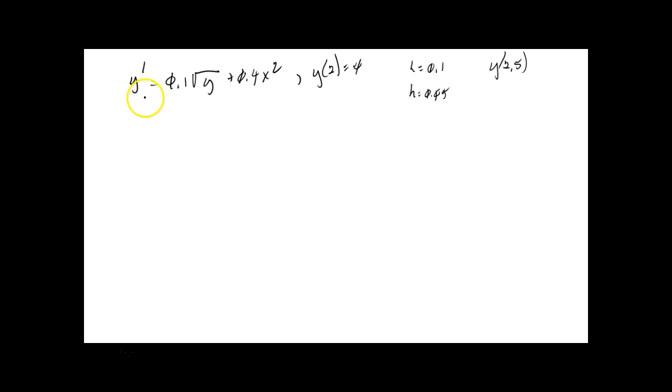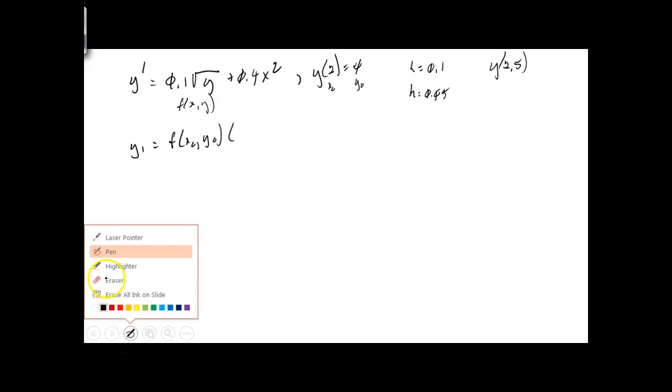First thing we do, this is our x0, this is our y0, and this is our alpha of x, y. Euler's method is y1 is equal to y0 plus alpha of x0, y0 times x minus x0.